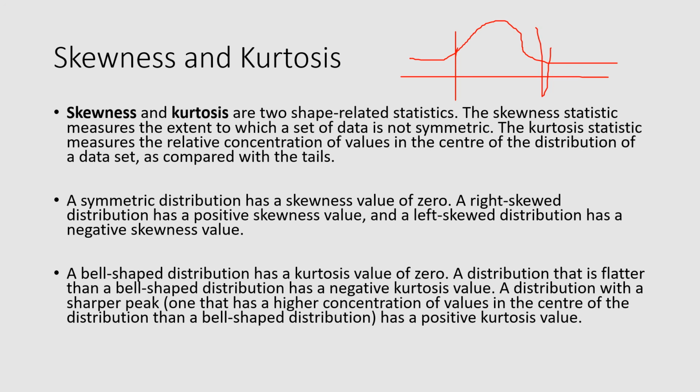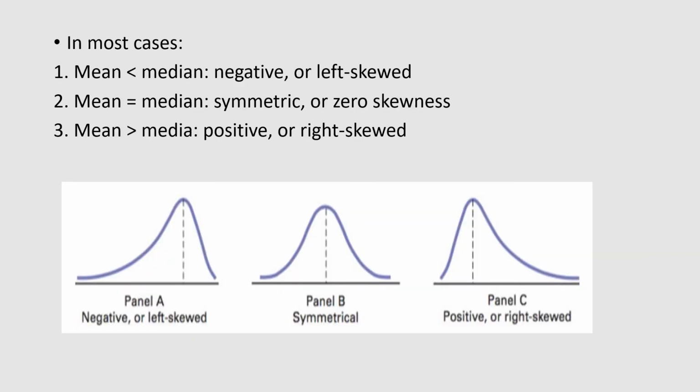I will just show you the table. There you go. It's right skewed. Here the tail is on the right, so it's right skewed. It's positive, but if left skewed, the tail is on the left, then it has negative skewness.